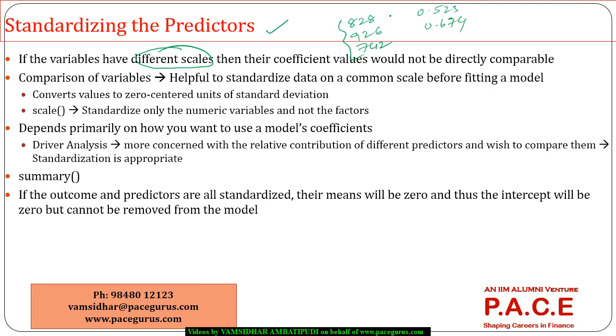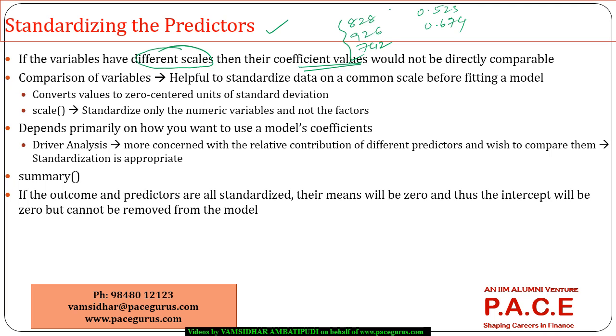So the size and the scale of the variables is pretty much different. So I cannot compare the coefficient values in that case. If the scales are pretty much different, I cannot say that this variable is influencing highest, this variable is influencing the lowest, right? Because the base for both the variables is not the same.